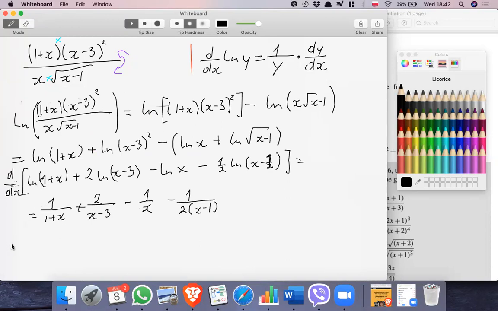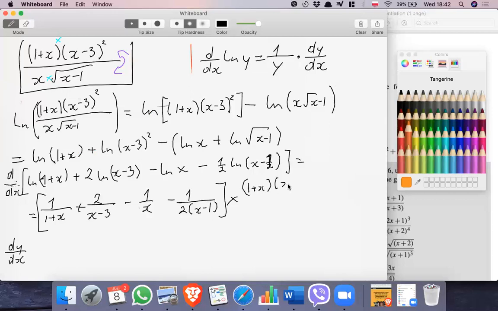And to get dy dx, which is the derivative of my original nasty looking function, all I need to do is multiply this logarithmic expression by the function, 1 plus x times x minus 3 squared, all over x root x minus 1.